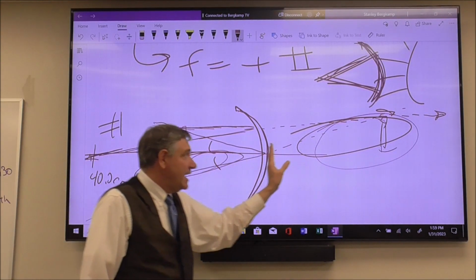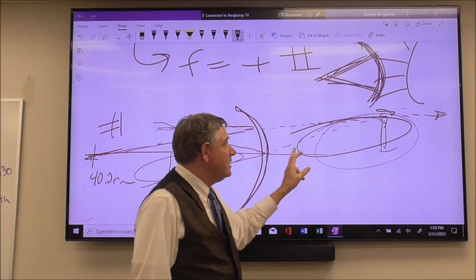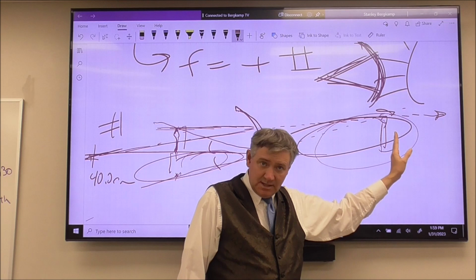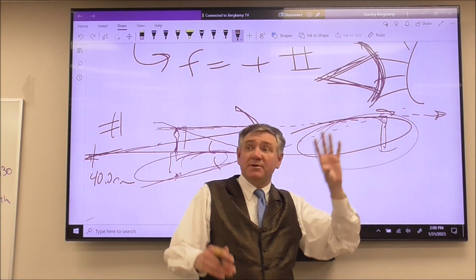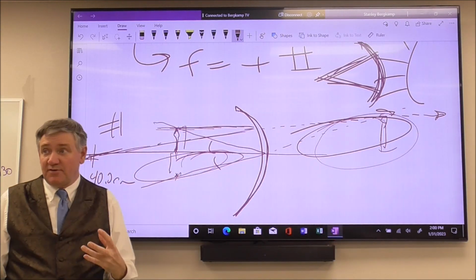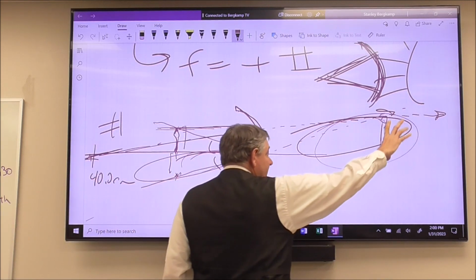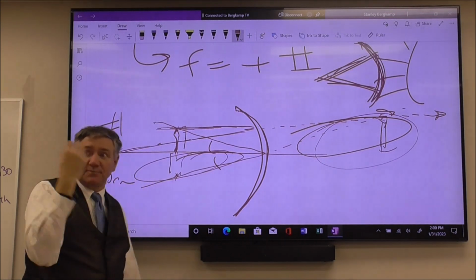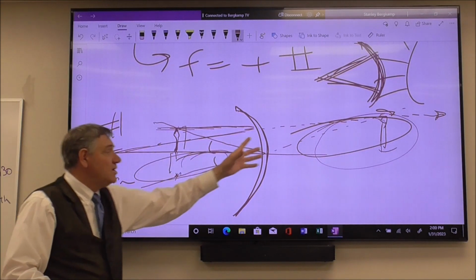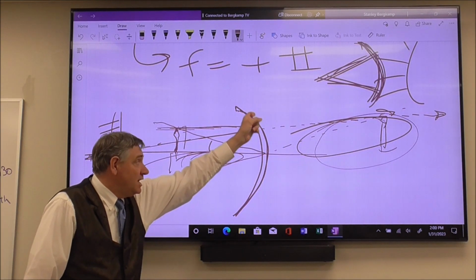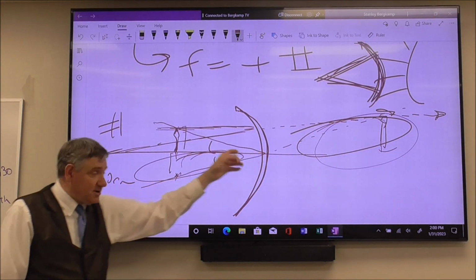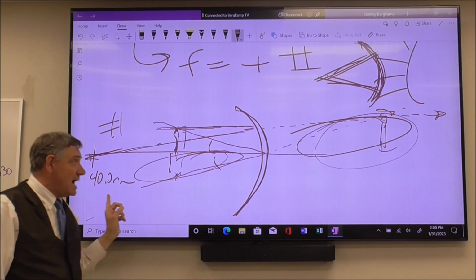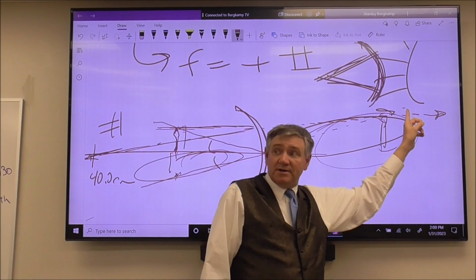When you look at it, your eye is going to say, I got a right side up image that's big, because your eyeball can't tell the difference if there's a paintbrush out there emitting light, or if it's light that's reflected off this mirror hitting your eye, because your eyeball is always going to try and trace backwards to where it is.